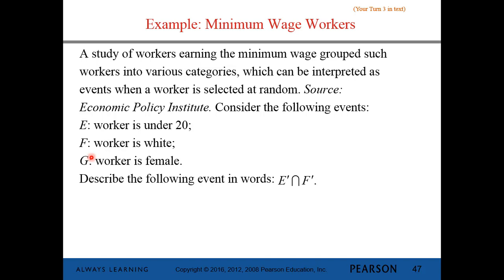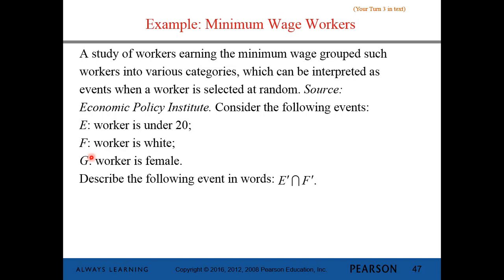Now, a study of workers earning the minimum wage grouped such workers into various categories, which can be interpreted as events when a worker is selected at random. So if we use a random process and select workers at random, then we can look at these wage groups as events.